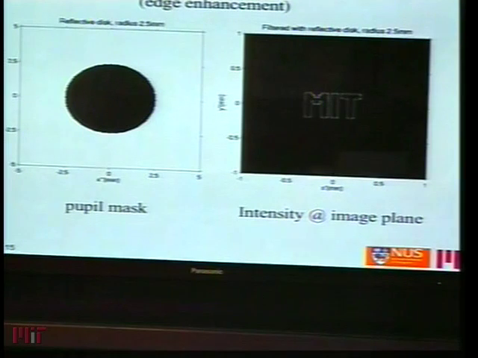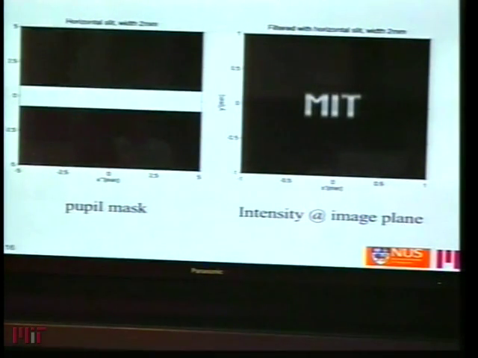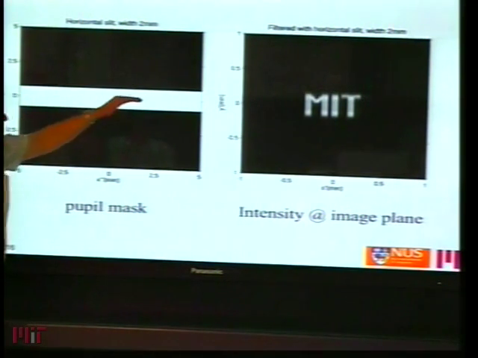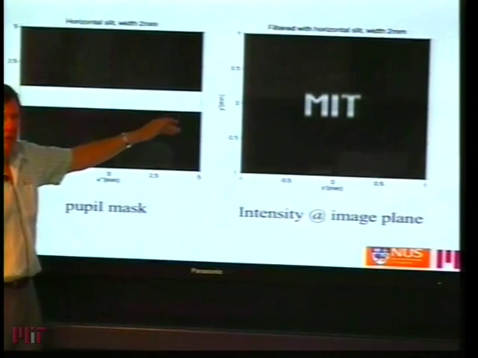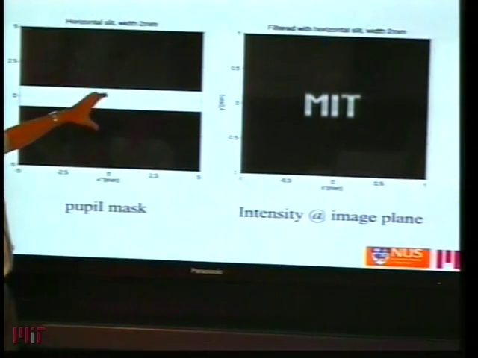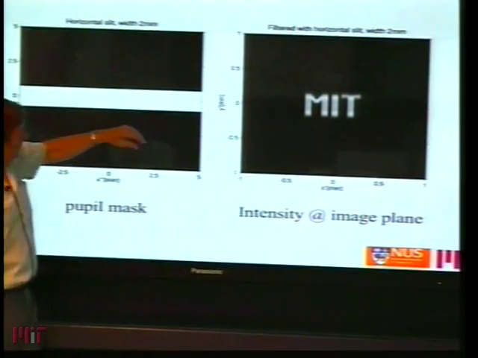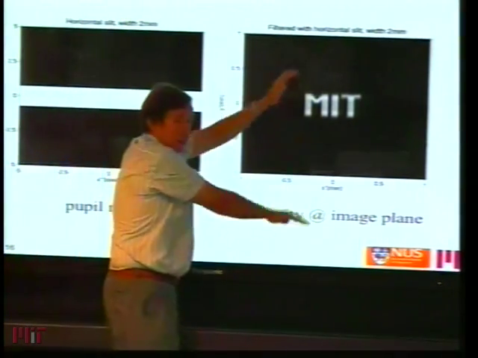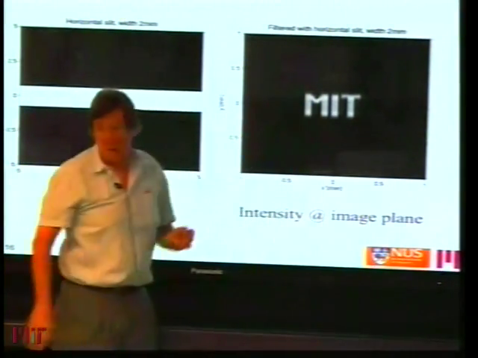Okay, and all these examples have been circularly symmetric type patterns, but you can also, of course, put in things which are not circularly symmetric. So this is throwing out these frequencies here and here. We haven't done anything here, so we're going to have a high resolution in that direction, but in this direction here, we've reduced the resolution, so we'd expect it to be blurred in the vertical direction.